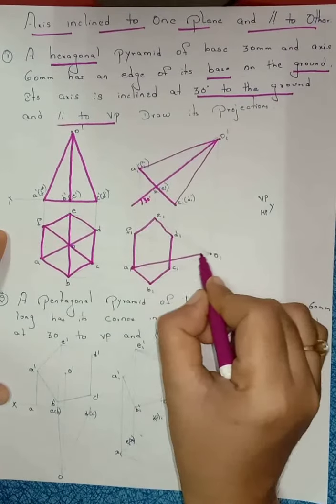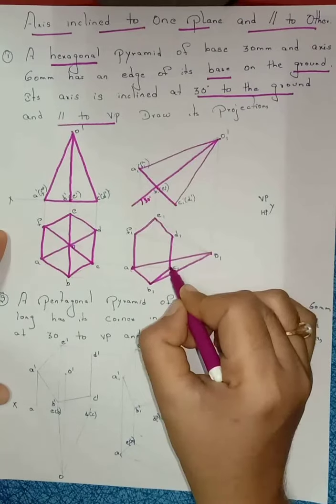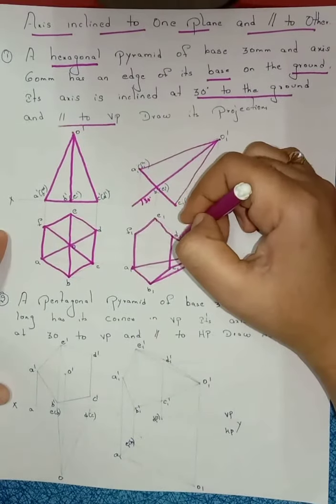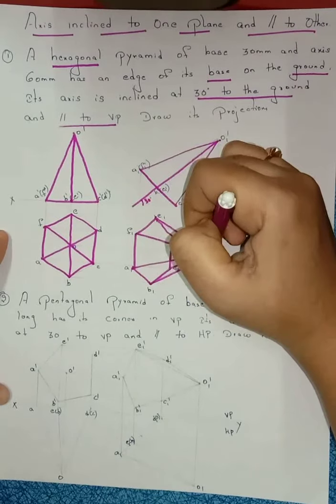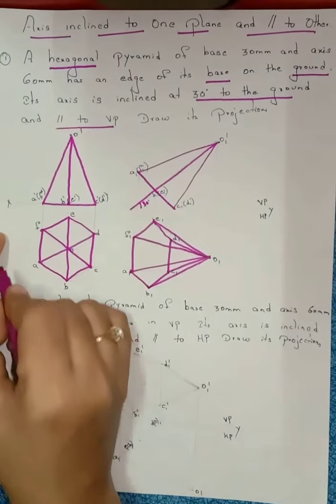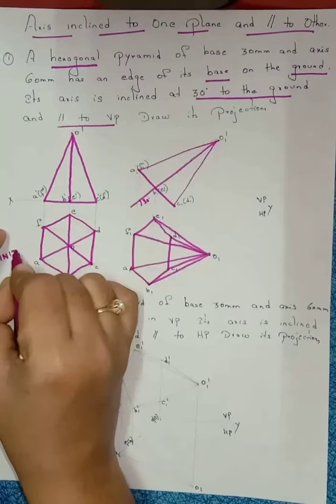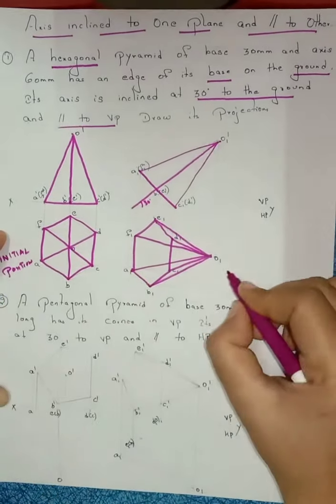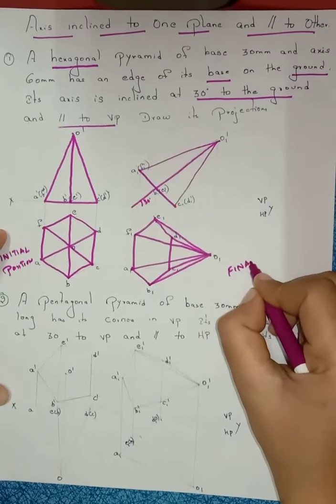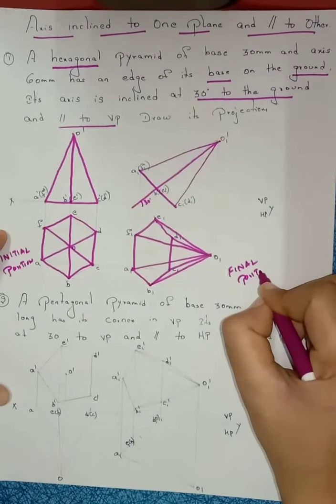Join O to A, O to B, O to C, O to D, O to E, and O to F. Right, so this is your initial position, and this will be your final position.